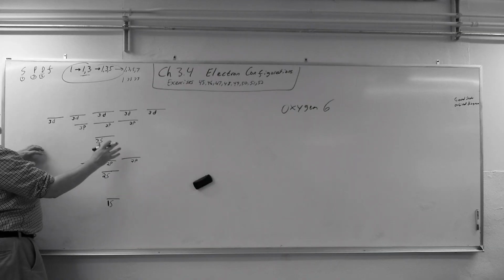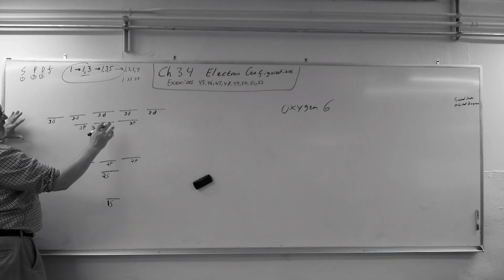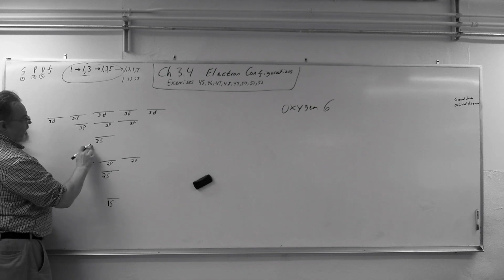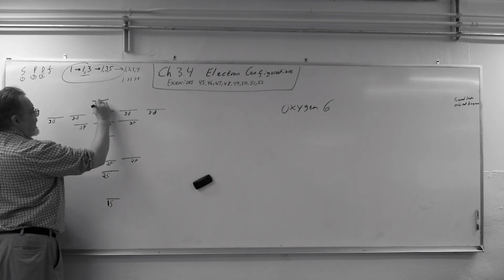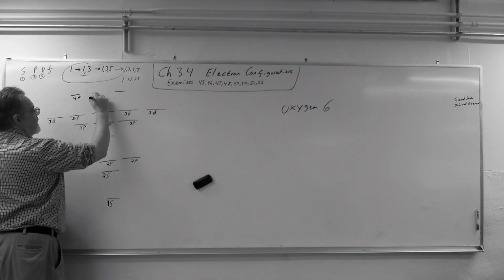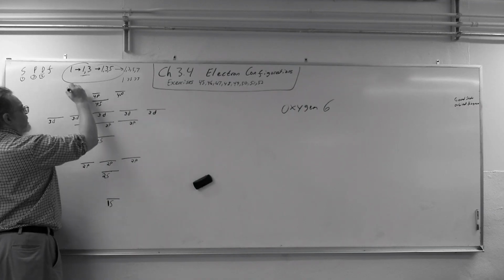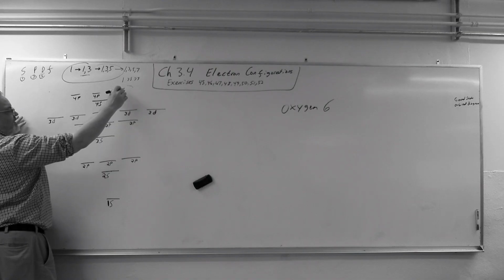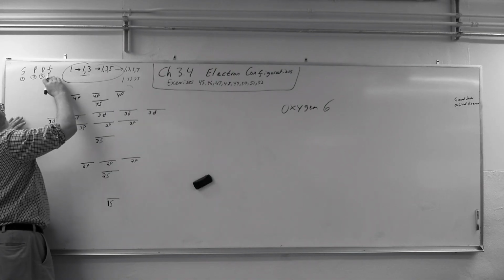And things do start to get weird further up here, meaning I've got 1s, 2s, 3s. I would think I would go 4s, and then 4p, and then 5 4ds, and then there's actually 9 4fs.